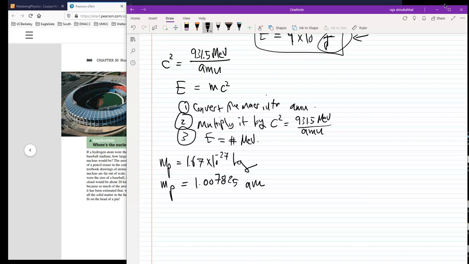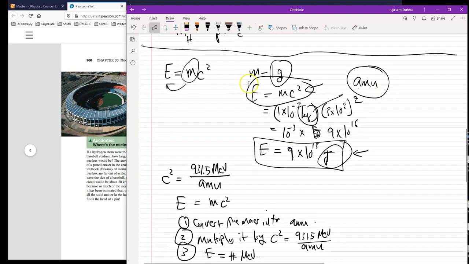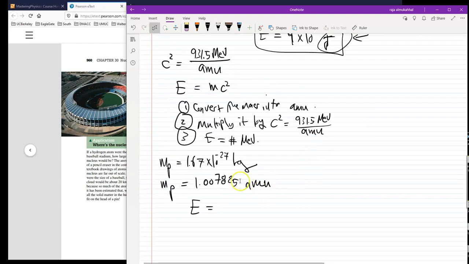So this becomes 1.007825 AMU. If I want to know the energy, just like I did with that 1 gram, which I convert into energy, 1 gram gives me 9 times 10 to the 13 joule. Well, what if I have this much mass in AMU?